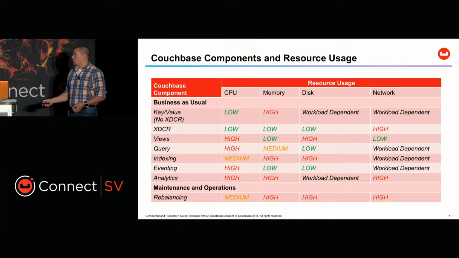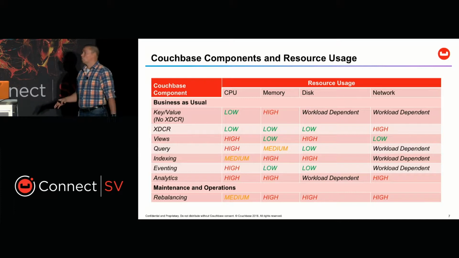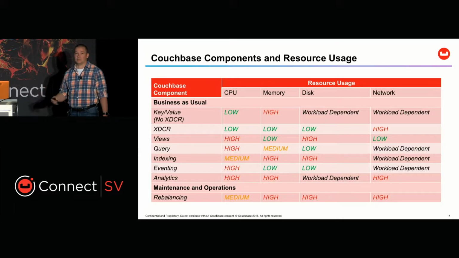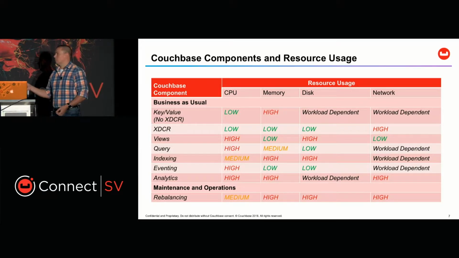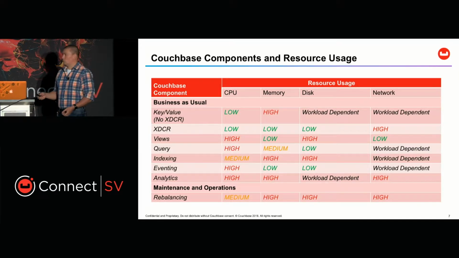And right there at the bottom, we're just talking about rebalancing. Rebalancing is not a separate kind of node, but it's good to know that it's a pretty expensive operation in terms of system resources. There are some ways to optimize it, but overall, it requires pretty much all the resources that you have in your cluster.